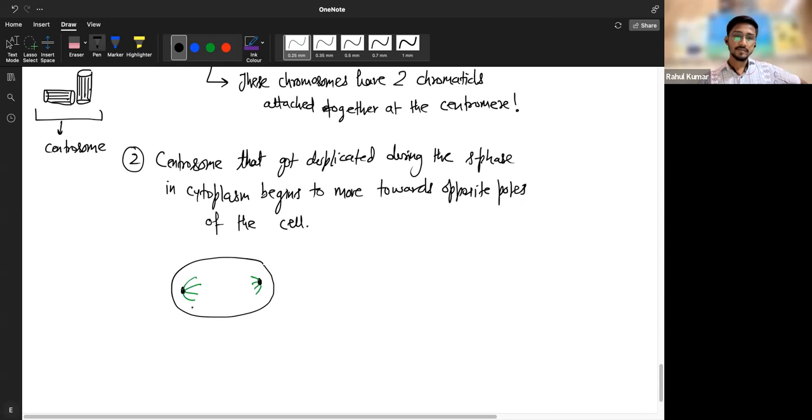And this structure which starts coming out is called asters. Did I tell you that these asters or spindle fibers are made up of microtubules? So tell me, what was a microtubule? Remember?